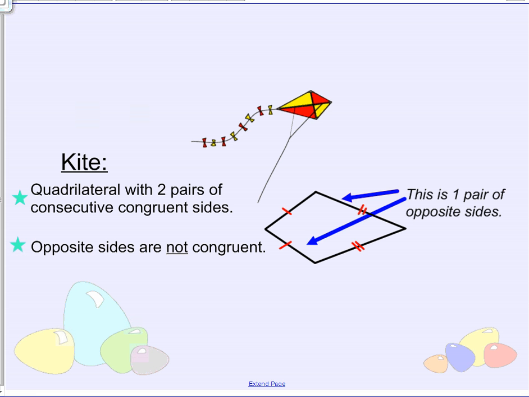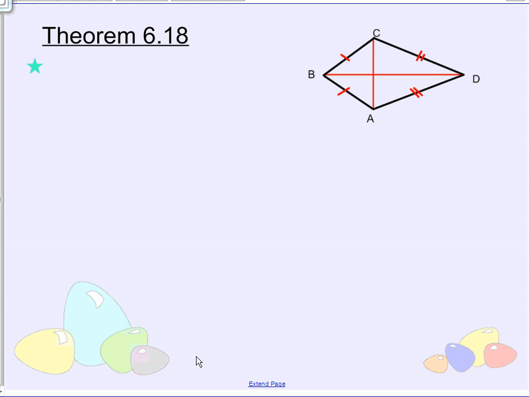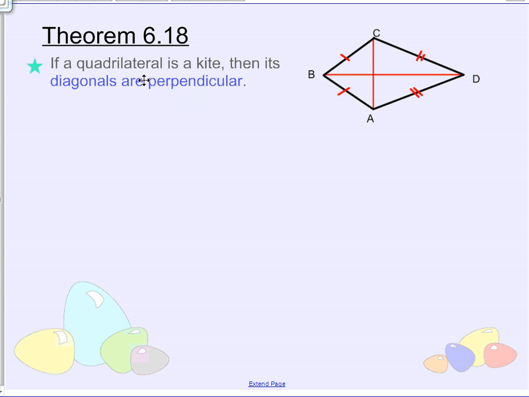So from here we actually have a theorem that we can work out. This is theorem 6-18, and this states that if a quadrilateral is a kite, then its diagonals are perpendicular. Perpendicular meaning that they are creating 90-degree angles, as we know.